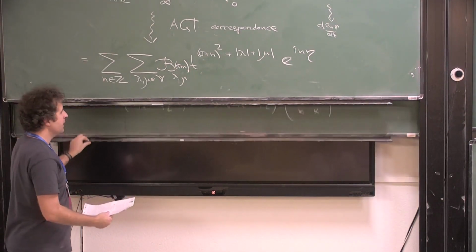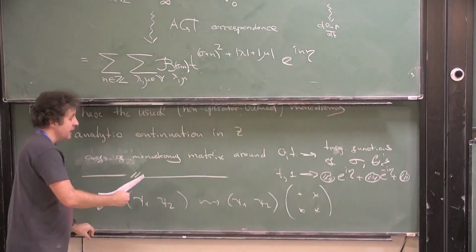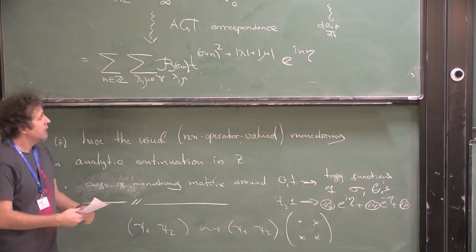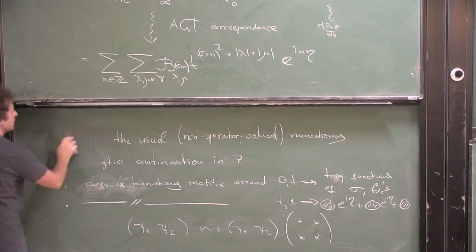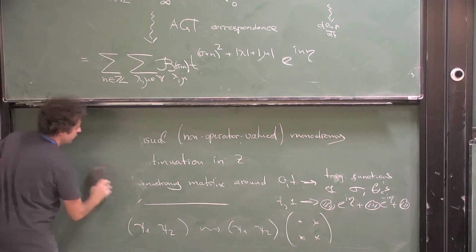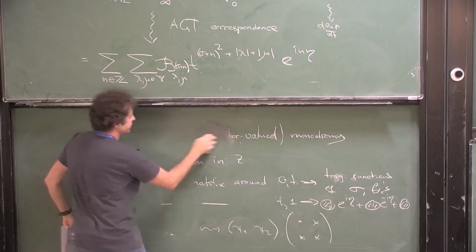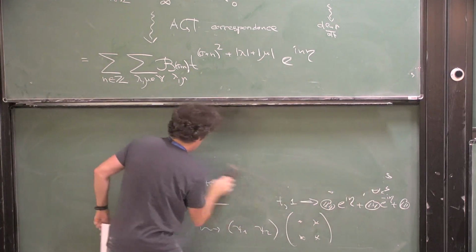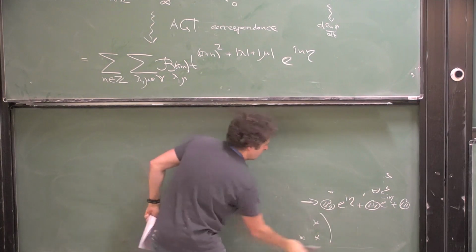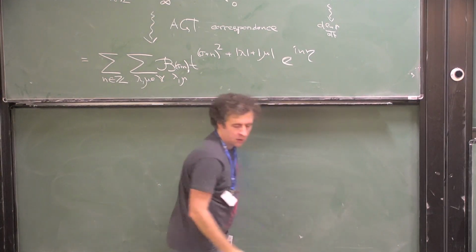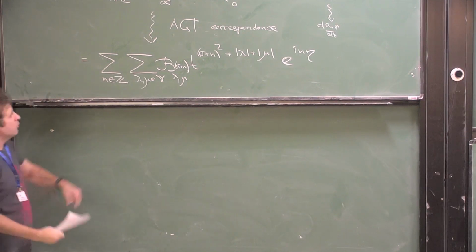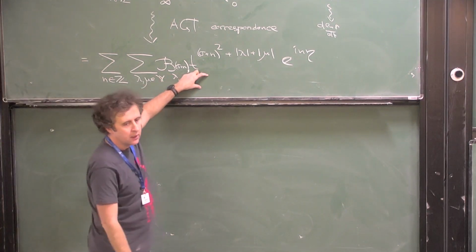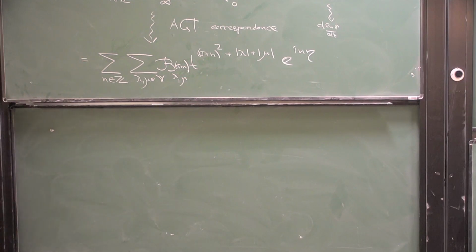Okay, so I think my time is almost up. So what can I say in the remaining few minutes? One point is that once you have this final answer, it can actually be rigorously proved using the Riemann-Hilbert approach.